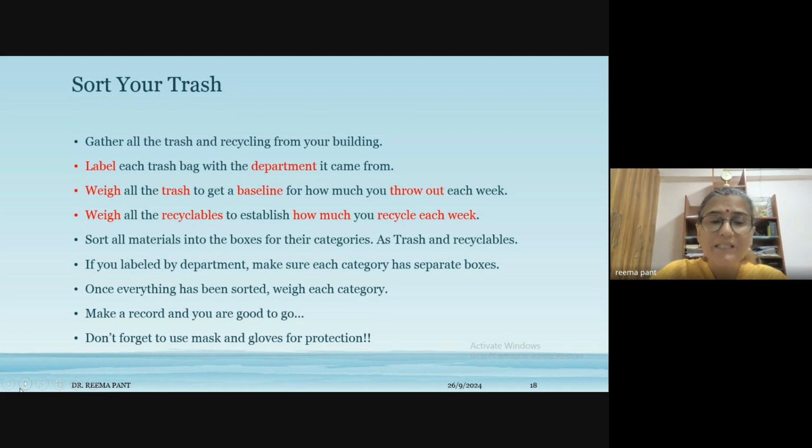All right. But for the rest of them, you can do this baseline work. Then you need to segregate the recyclables from non-recyclables. Once you have them, you can weigh what recyclable waste you are producing every month or every week, and for the recyclables, you can of course find a way to put them back into the mainstream. Maybe you can give them to a recycler.